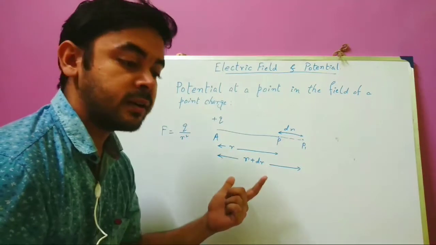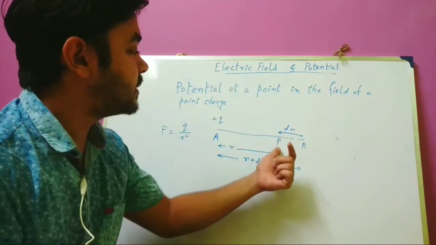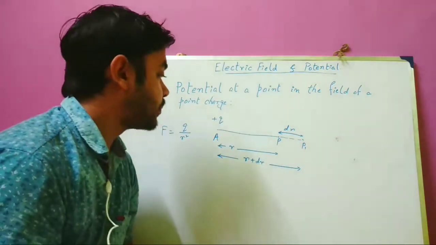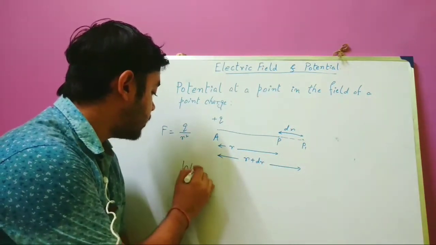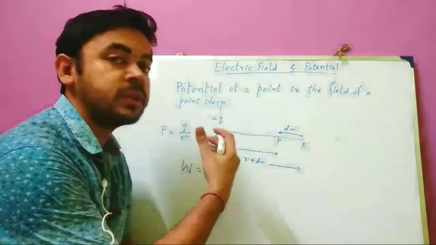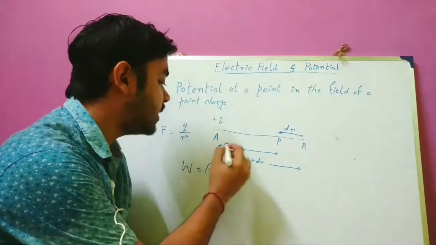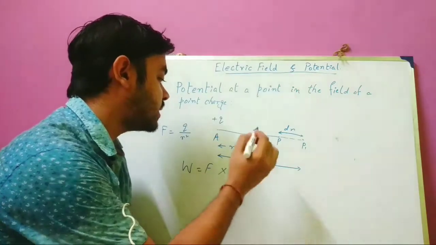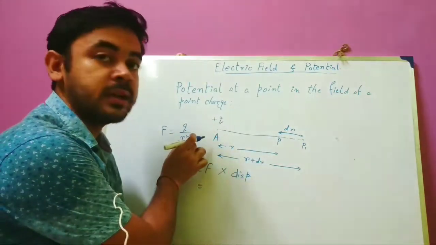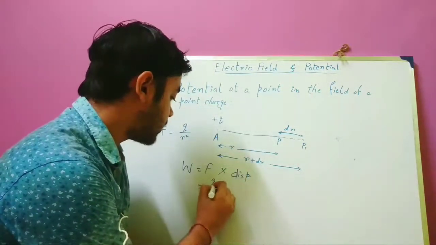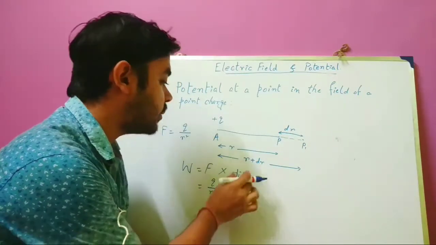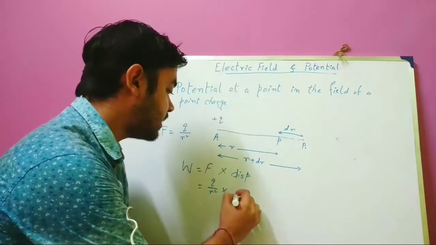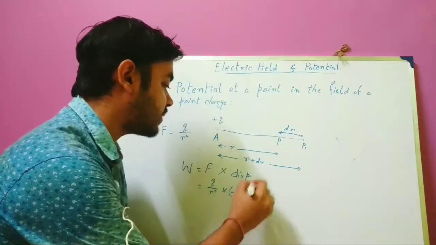The work done in bringing a unit positive charge from P1 to P will be equal to force on the unit charged particle into the displacement. Now the force is given by Q by R square, and what will be the displacement? This distance is the displacement, that is dr, but with a negative sign.